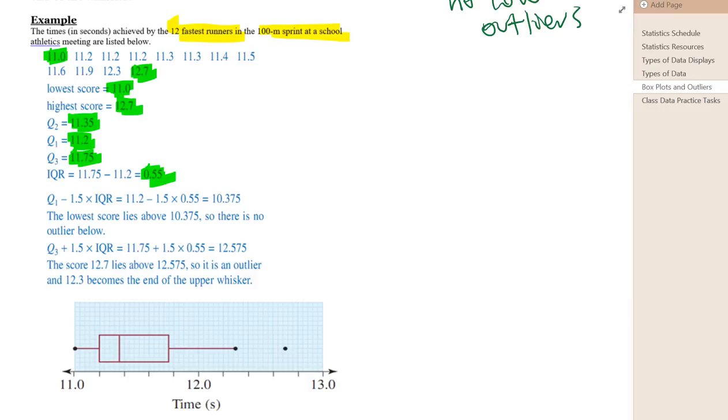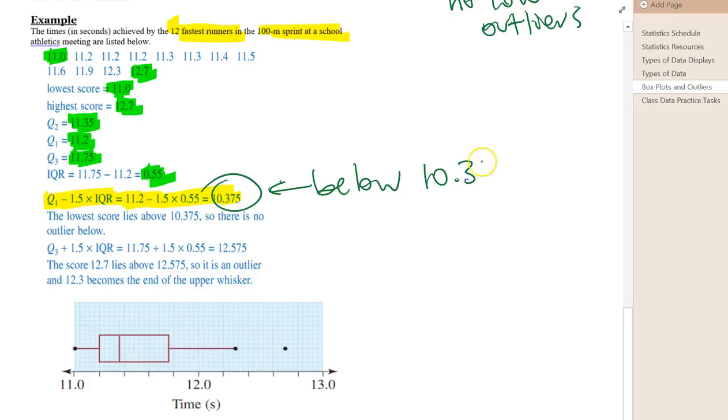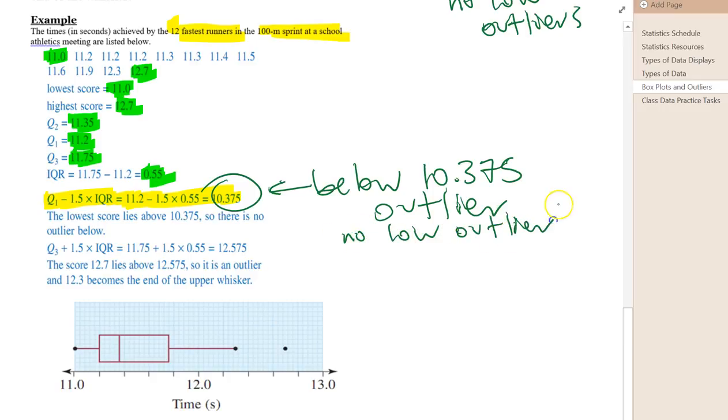Here's our low range outlier. Alright, there's the working out there. So if anything is below 10.375, then it is an outlier. Now our lowest value was 11.0, so there's no low outlier because there's nothing lower than 10.375.